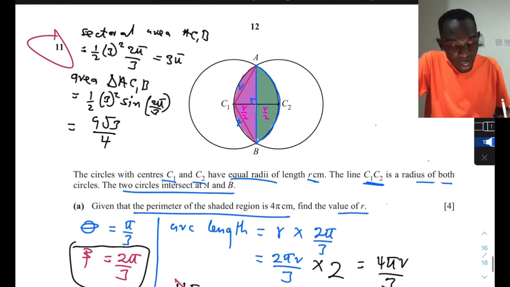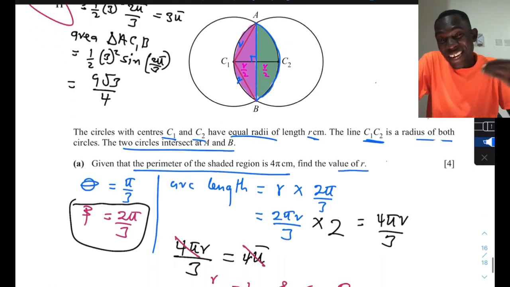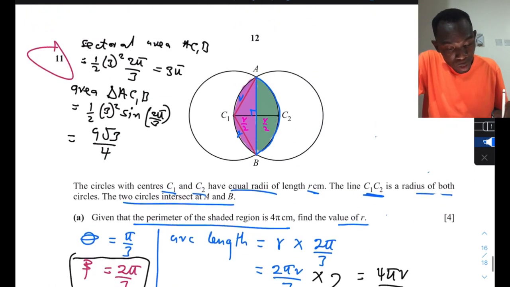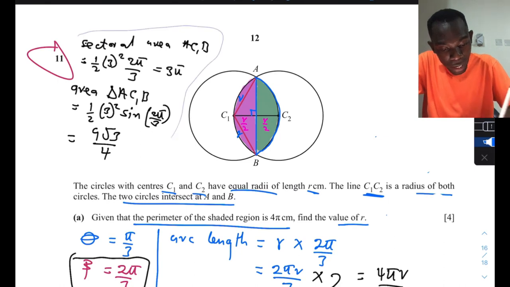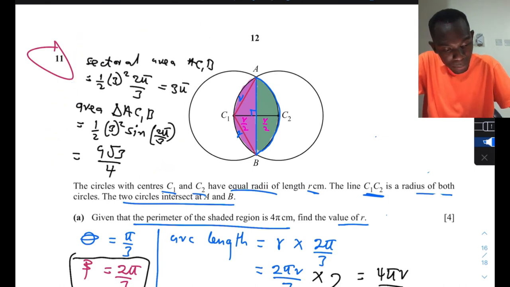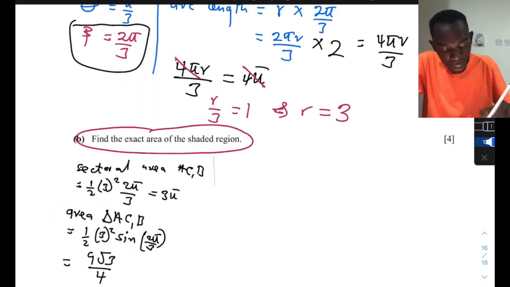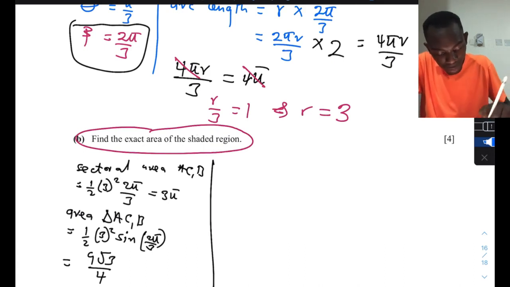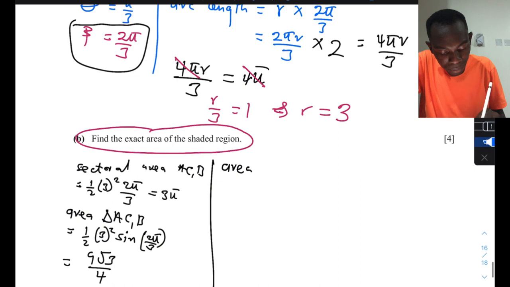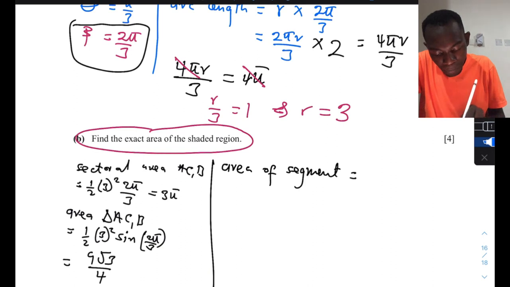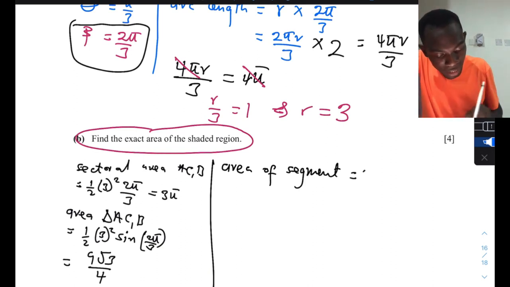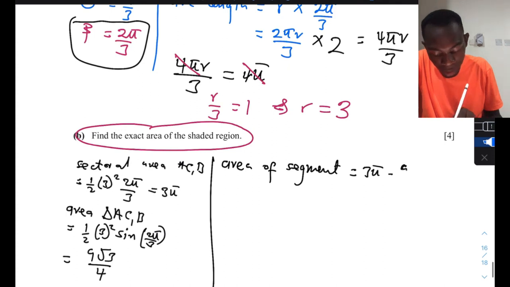So the green area is going to be, I think we can copy all of this and take it down there, because that is our workout. We can say that the area of the segment, that's the green area, is going to be the sector area minus the triangle area, 3 pi minus 9√3 over 4.